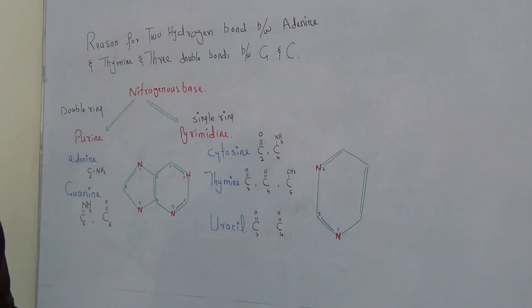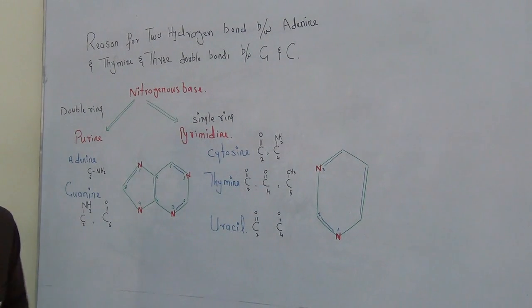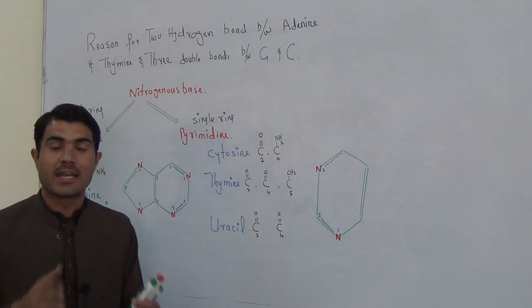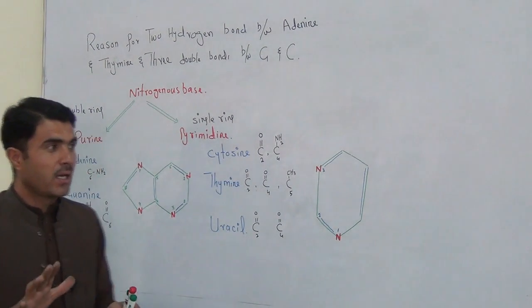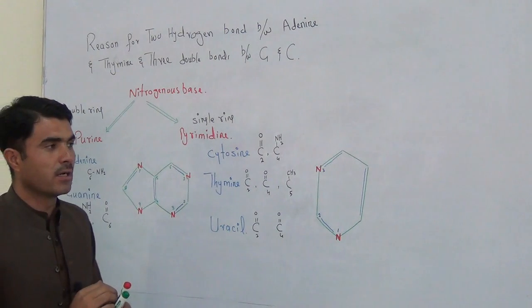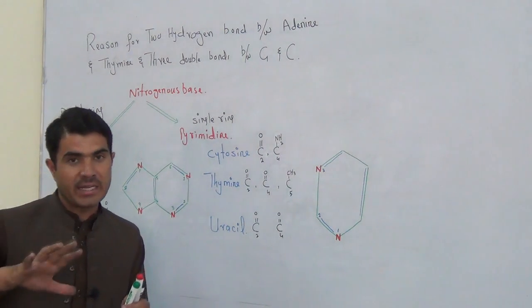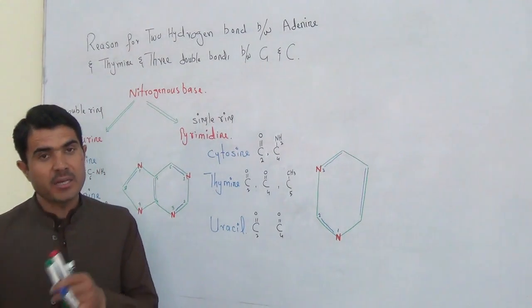Okay, so this is now the structure of different nitrogenous bases. You just learned that nitrogenous bases are pyrimidine and purine.